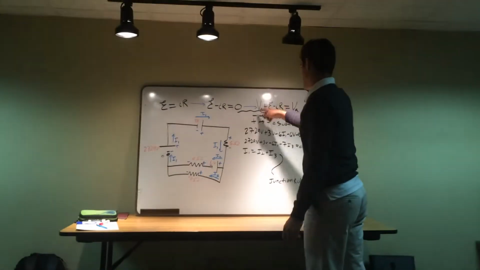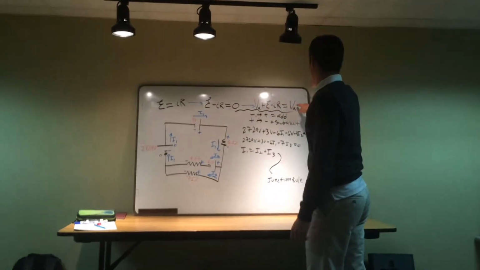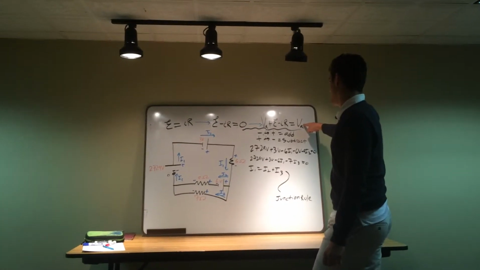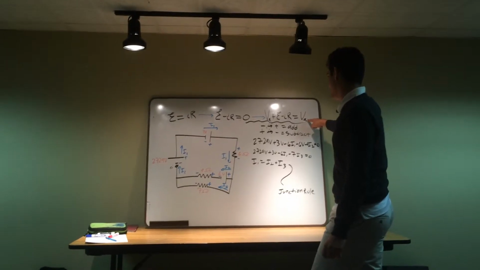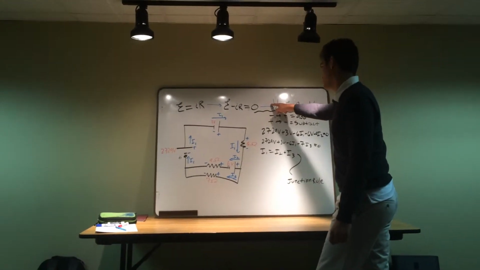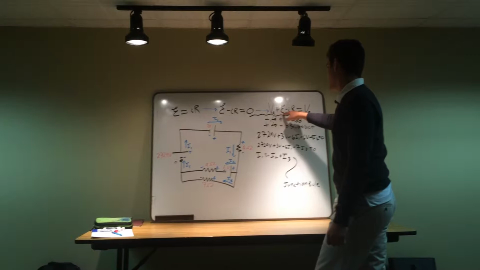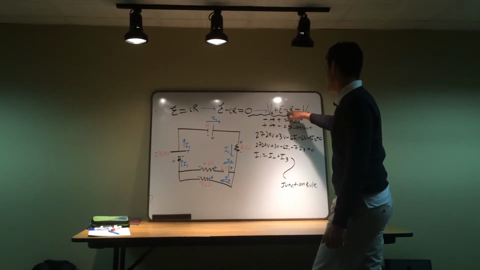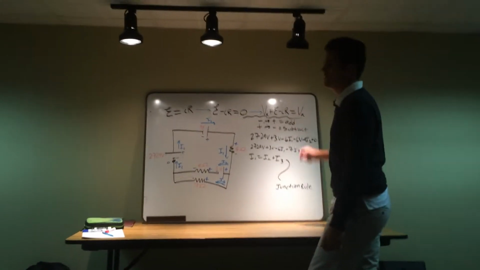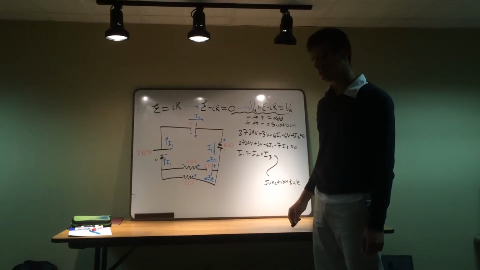Since the low end of the battery is 0, I can put VA on this side, but because I put it as a variable, I need VA on this side as well. So VA plus the electromotive force minus IR equals VA. And this is known as Kirchhoff's loop rule.